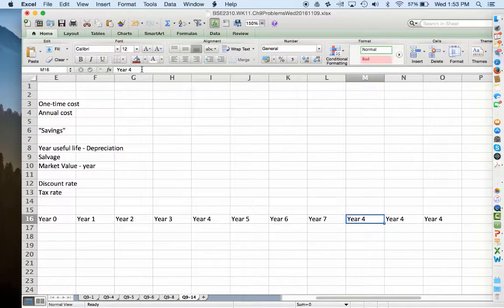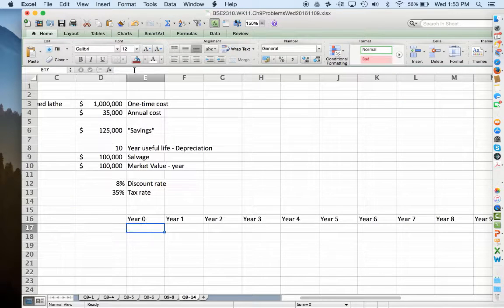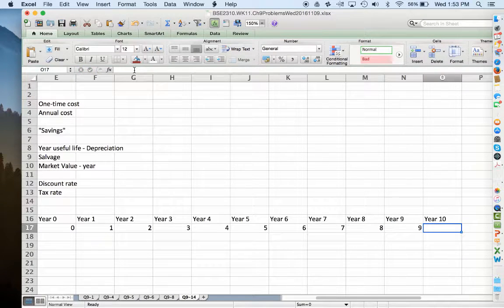Okay, now I also want to put a numerical value under the years because that is a text value. Because I'm going to use those numerical values when I calculate the present value. Okay.